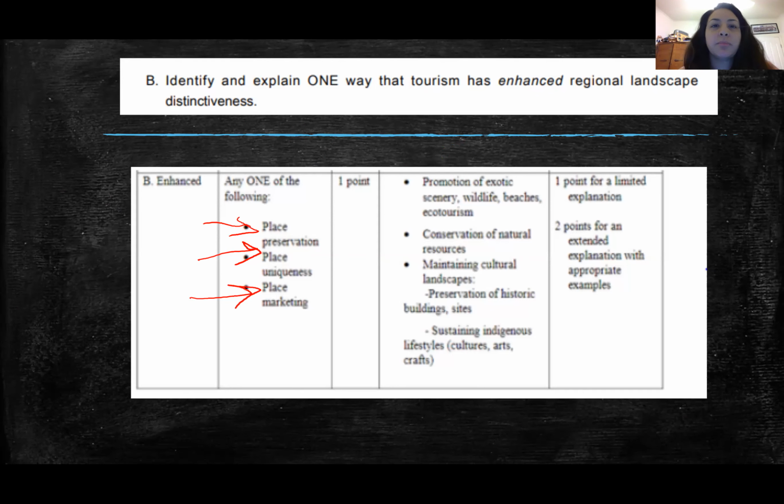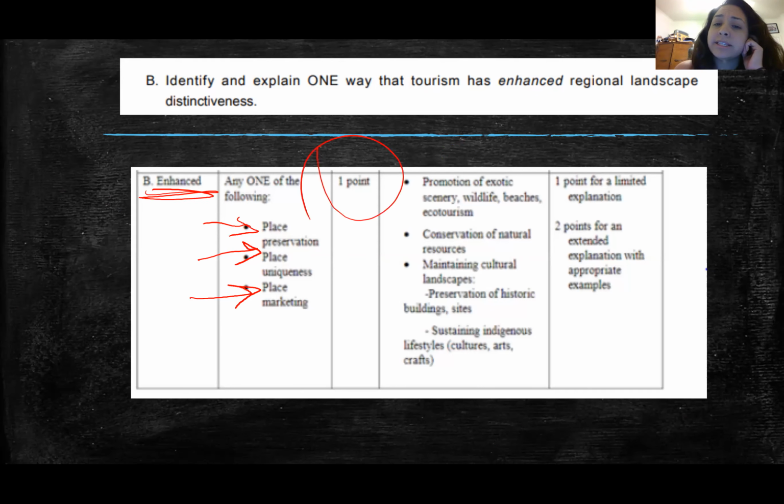Whenever you see those commercials where they say, we can do this in Utah because this is the only place where you have the Arches National Park or whatever, that's place marketing, where they are hitting on what is unique to that place and why you should go to that place. So that's enhancing the distinctiveness.